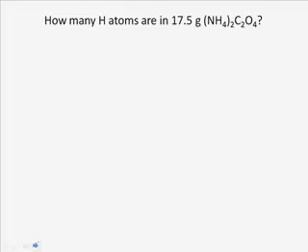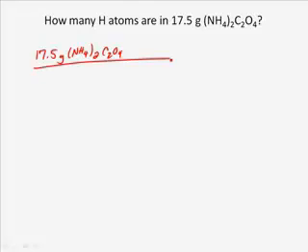Here I have 17.5 grams of ammonium oxalate, (NH4)2C2O4. I need a molar mass for that, so I'm going to calculate this without writing it out; you calculate it on your own and see if you get the same thing I did, or something close to that.